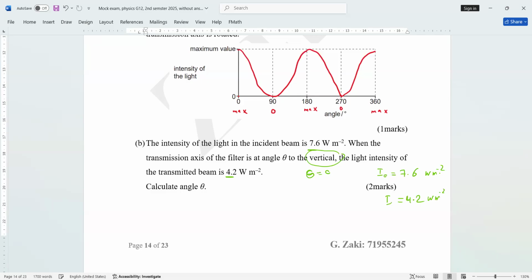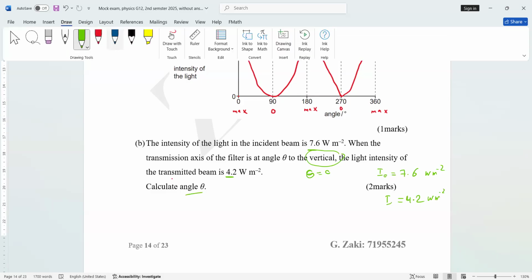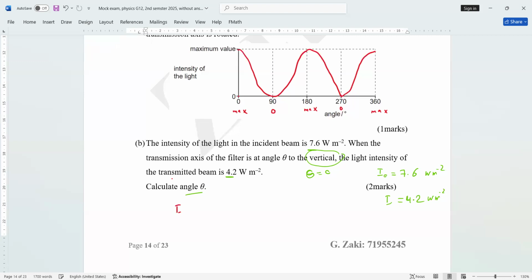Calculate the angle theta. The formula that we can use is I equals I naught cosine squared theta. From this, we can say cosine squared theta equals I over I naught.